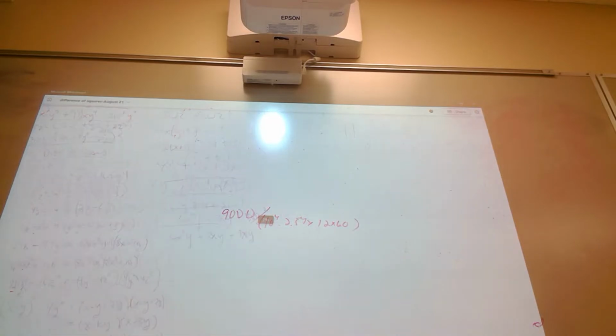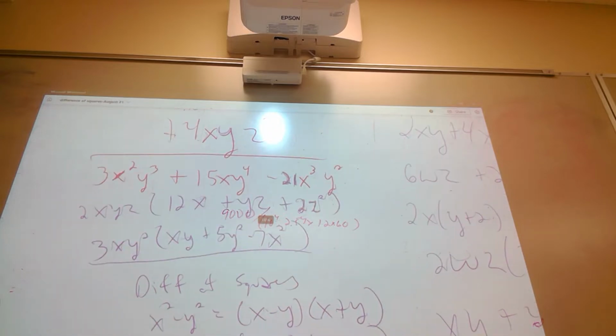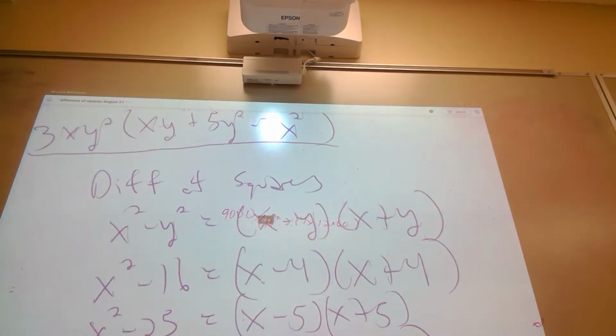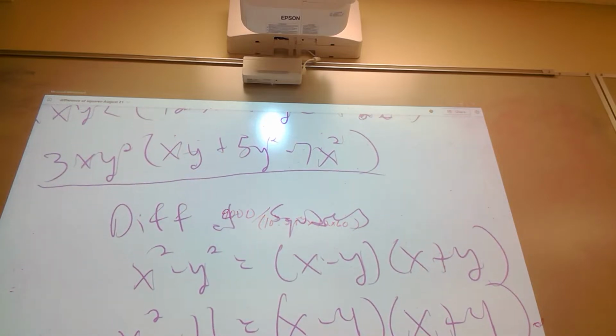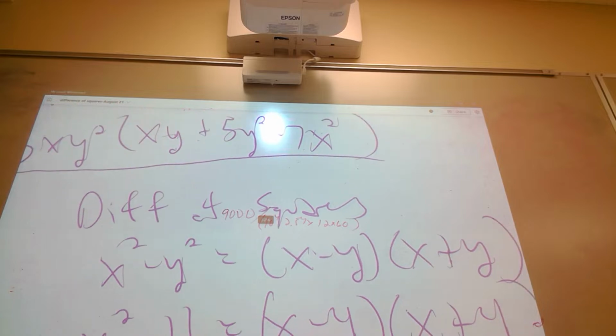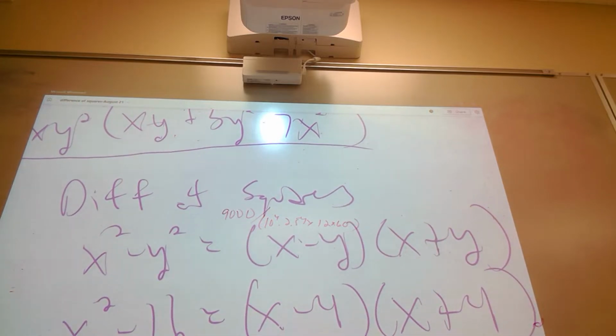Let's start with difference of squares. Difference of squares is a basic algebra 1 thing that you should have had. I'm sure all of you had. It's just the most fundamental basic thing in algebra 1.